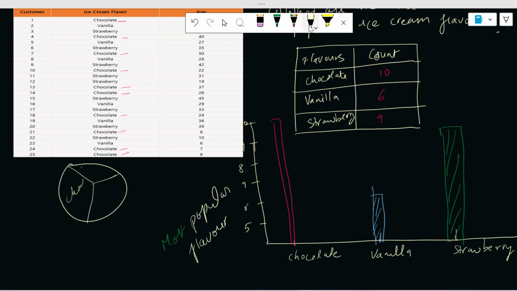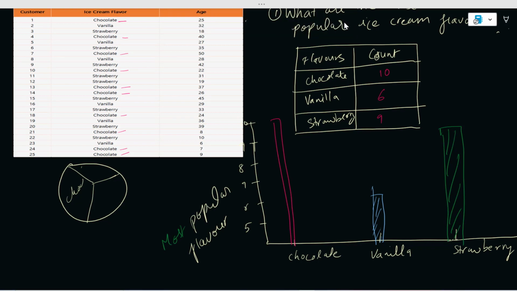In the real world there can be more complexities, more flavors, and more data. While getting insight into the data, we need visual representation to get a quick insight and share it with stakeholders. And this is called a bar graph.